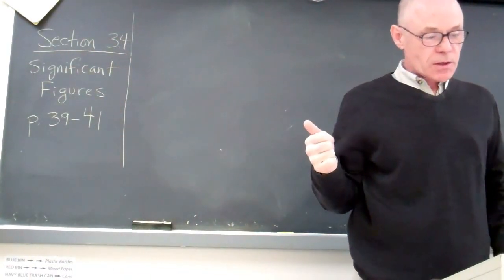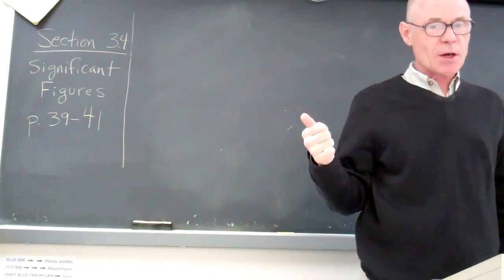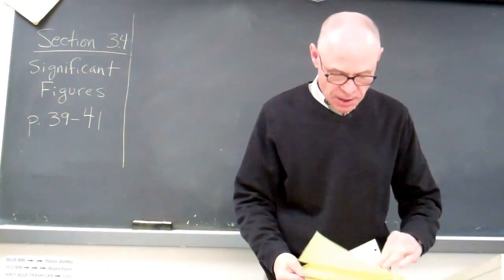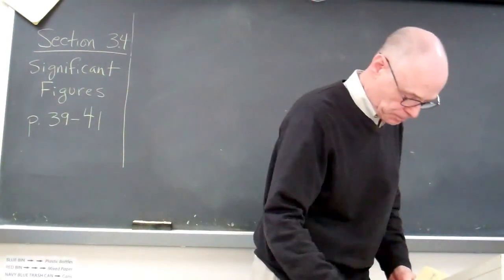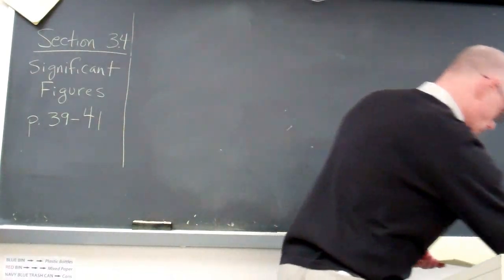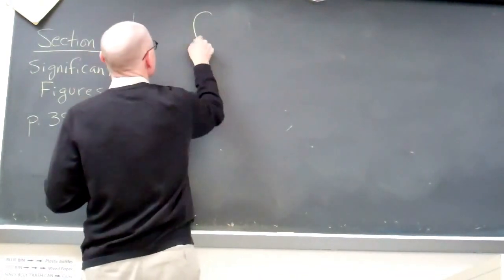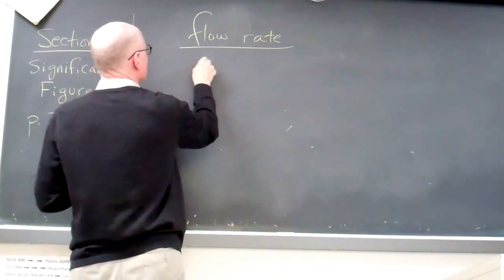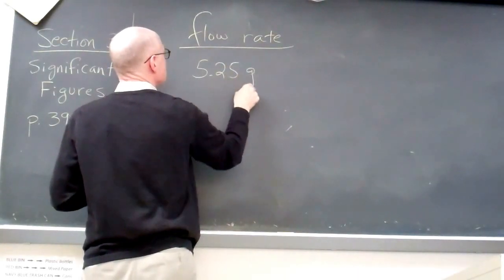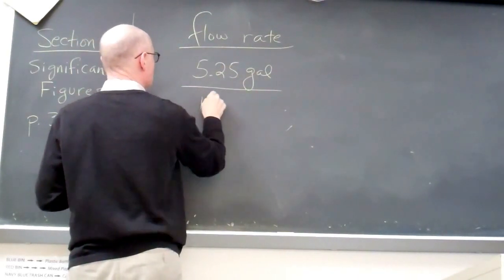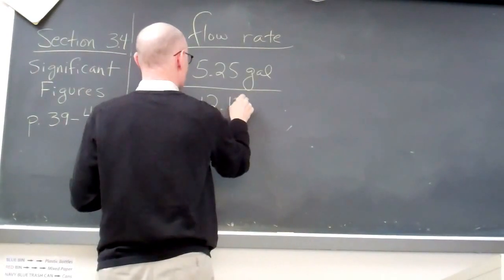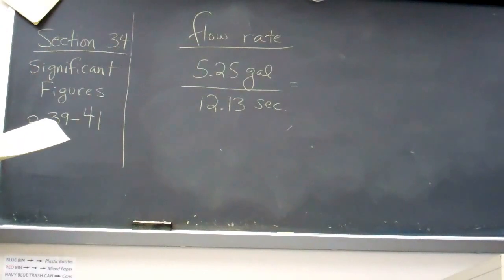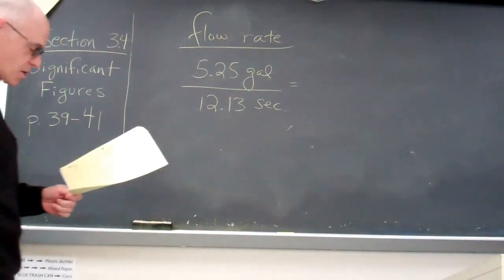All right, so now that we've talked about the rule of significant figures and we know how to identify significant figures, now let's go back to the flow rate example. So we collected data, 5.25 gallons in 12.13 seconds.